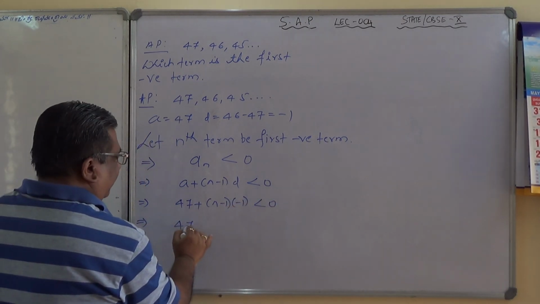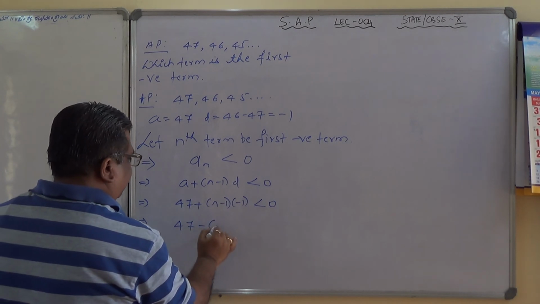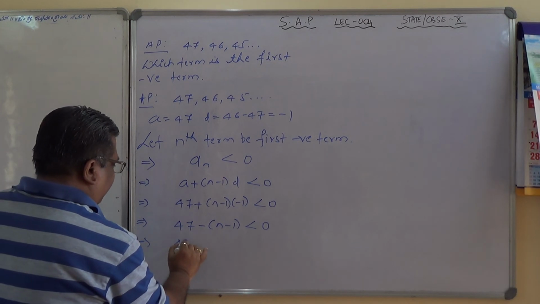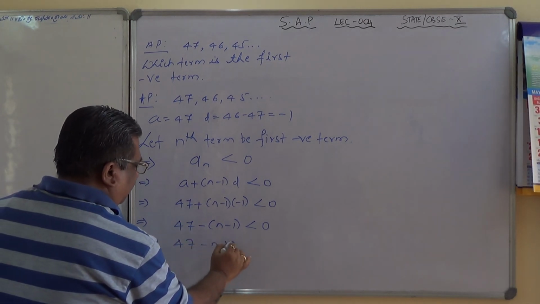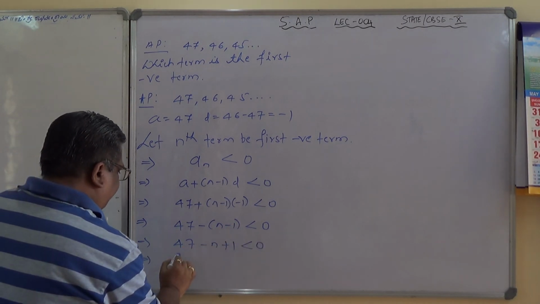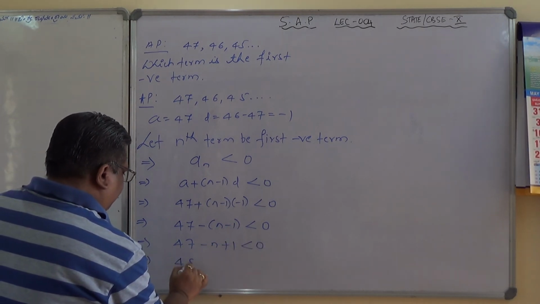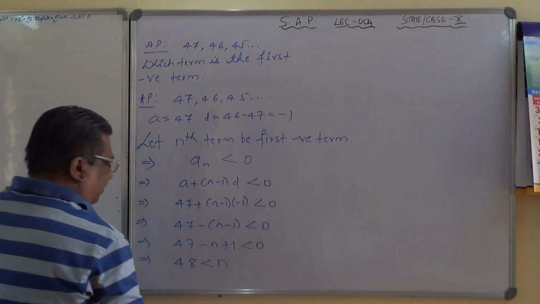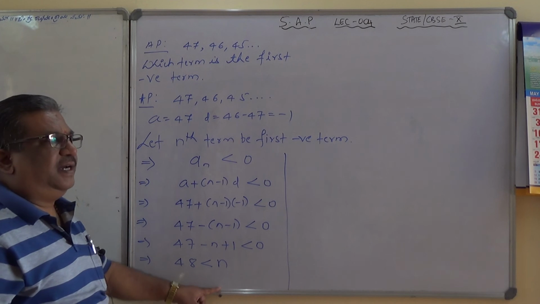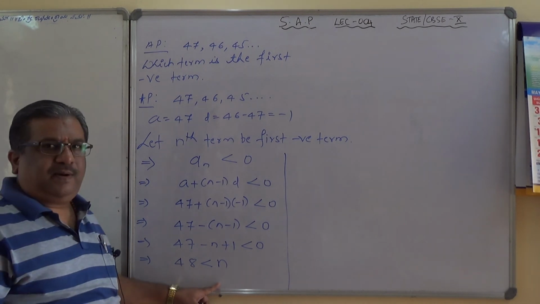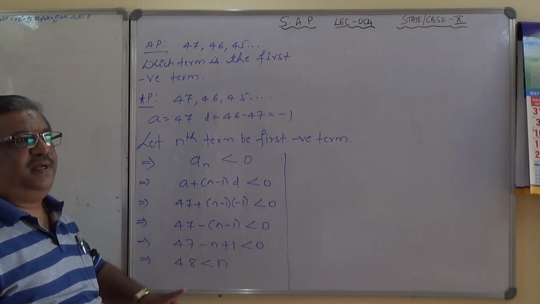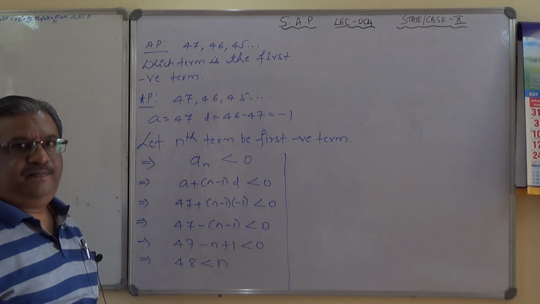So 47 minus, I'll take this side, n minus 1 less than 0. 47 minus n plus 1 less than 0. Transpose n that side. 47 plus 1 is 48, so n is greater than 48. A natural number greater than 48, meaning 49th term is the first negative term here.